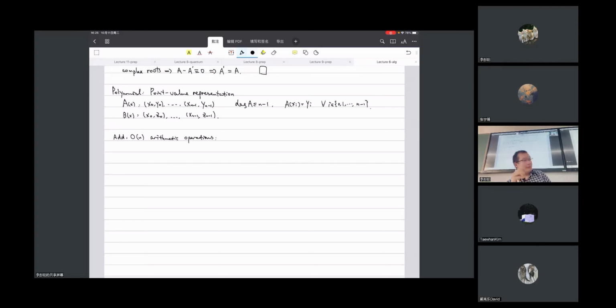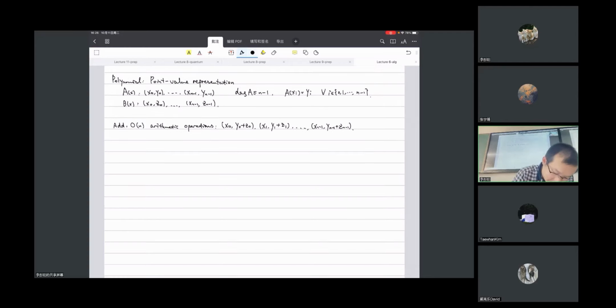Because if you store according to this point value representation, doing addition is very straightforward: you will have x0, y0 plus z0, x1, y1 plus z1, etc. So for this point value representation, addition is not a big problem. So how about multiplication now? What is the cost of multiplication for the point value representation?